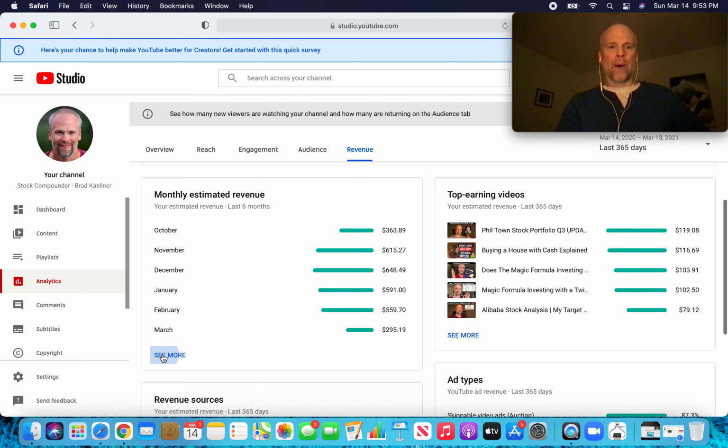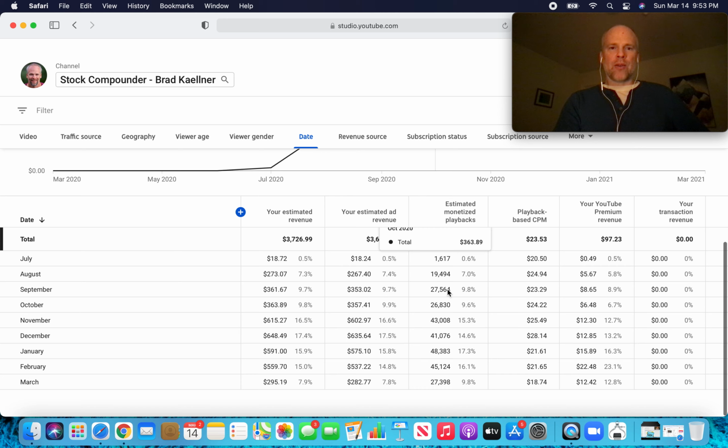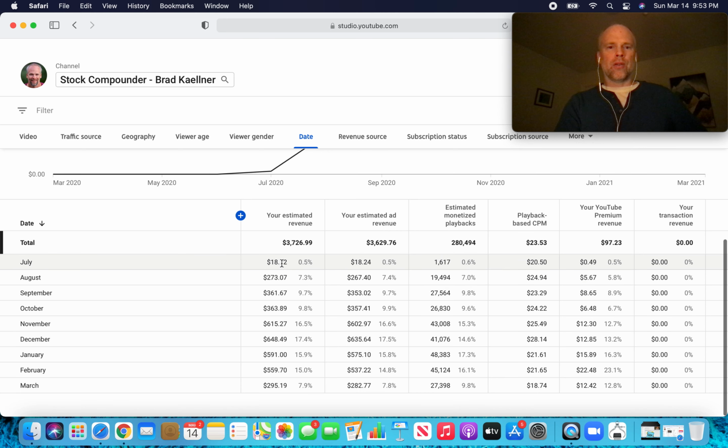I want to look at it by month. So monthly estimated revenue. You can see here the first month was in the upper 200s, then 2 months in a row in the mid 300s per month. And then the following month, after this initial block of 3, I was in the 600s. So at that point, I'm feeling pretty good.